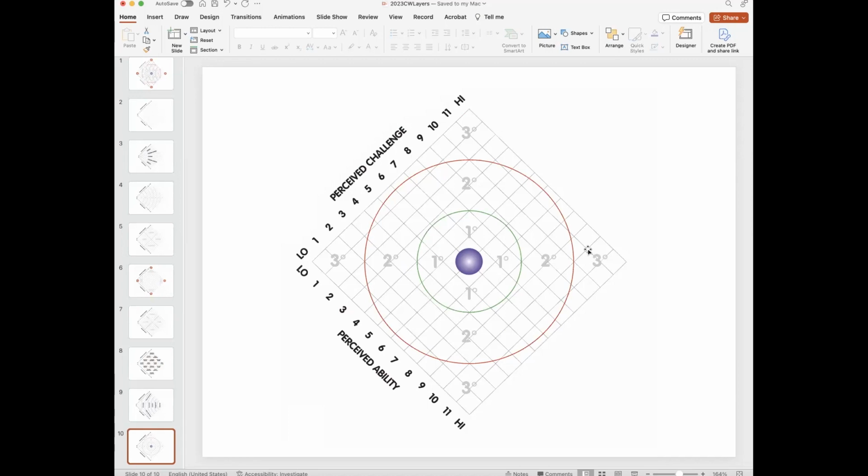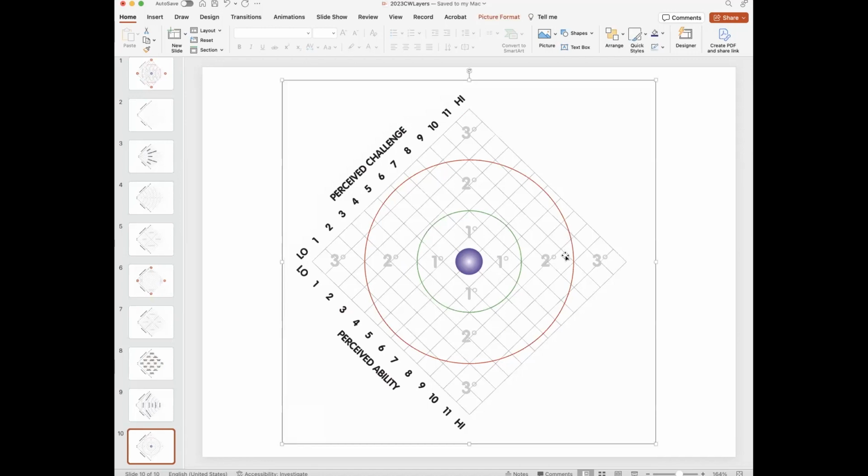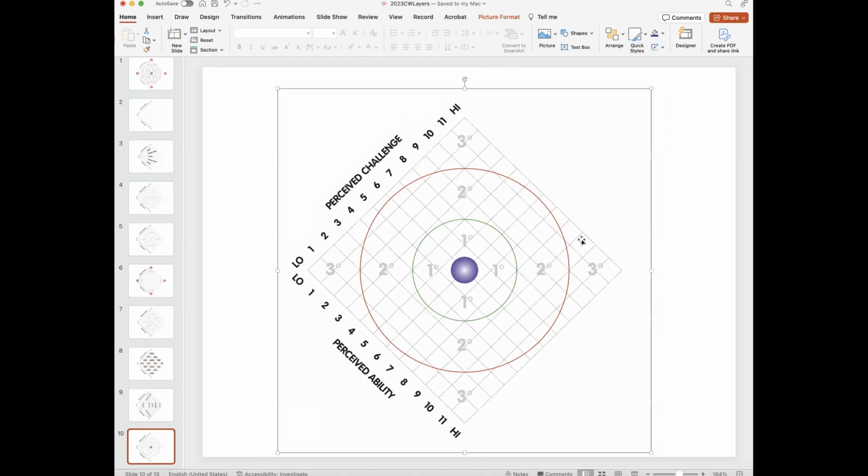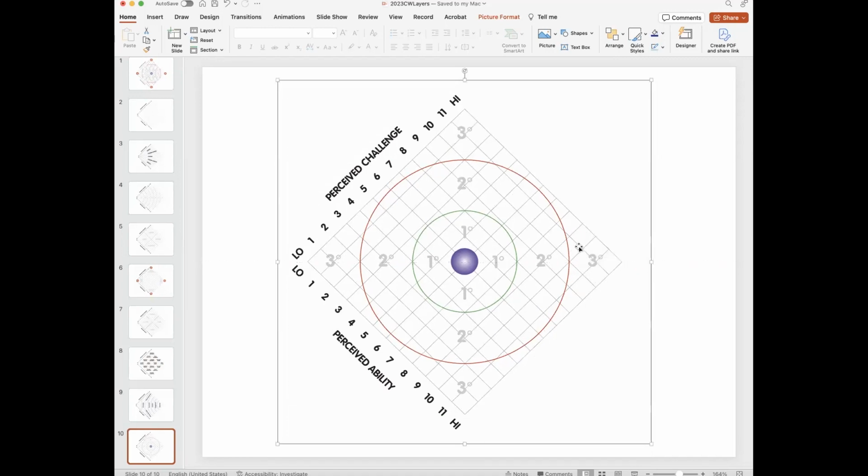We can actually move someone into a dangerous place where, if they were plotting here, I'd want to lower their perceived challenge and then maybe increase their perceived ability, not the other way around. Don't boost their ability and then think you're going to correct their perceived challenge to a healthier place on the change grid. Understand what we're talking about here?